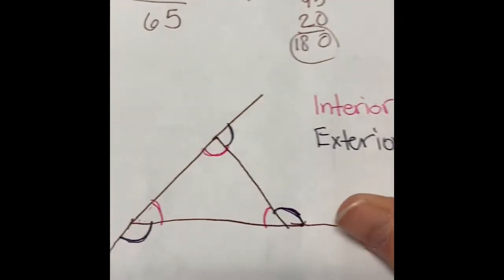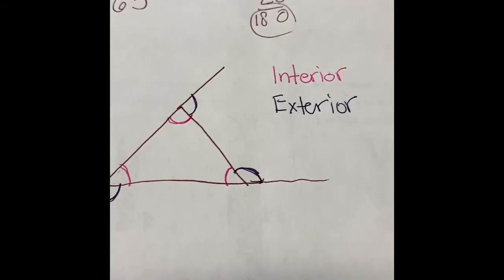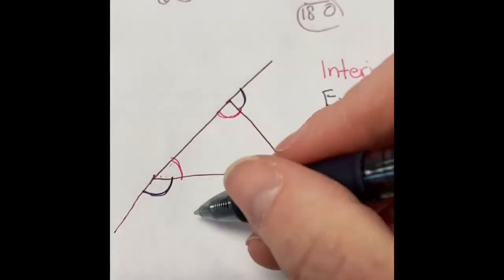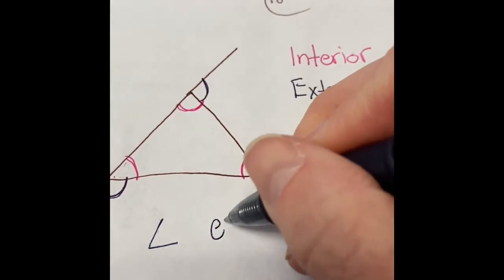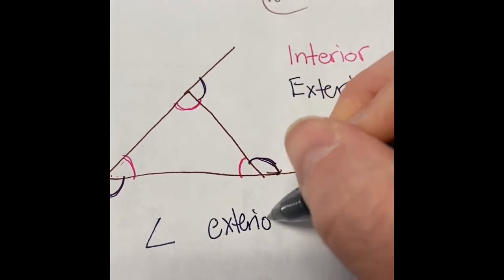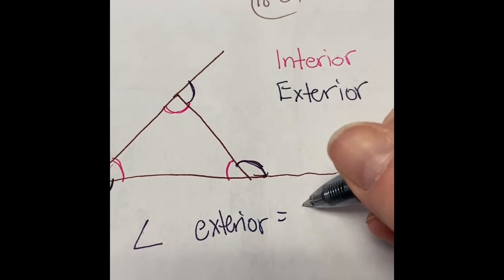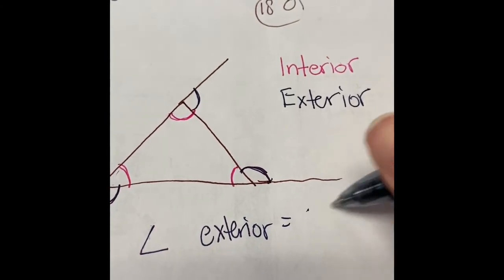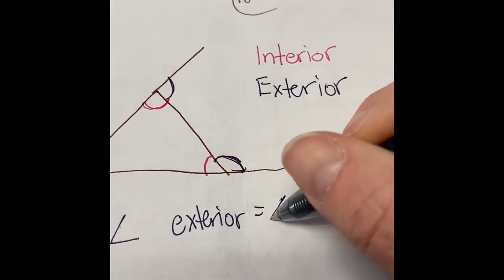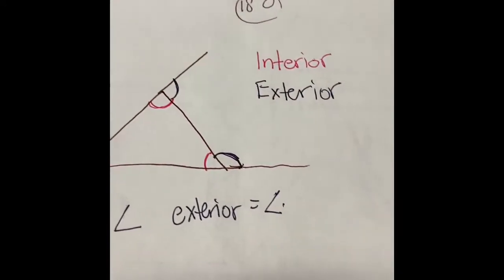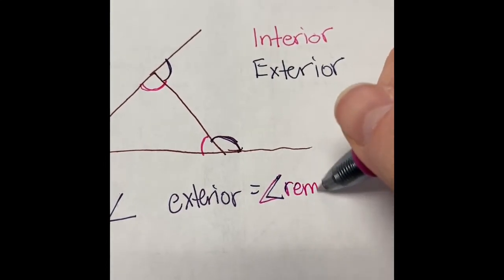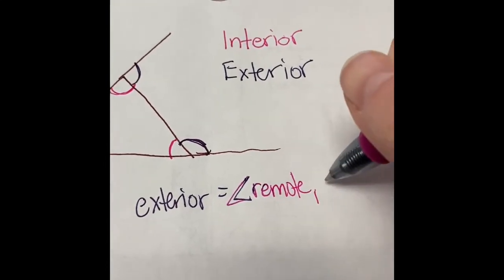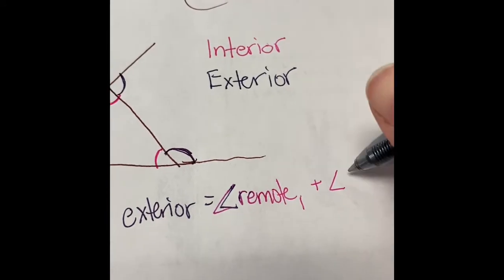So there's a theorem, and it says that the exterior angle is equal to the sum of the two remote interior angles. So remote 1 plus remote 2.